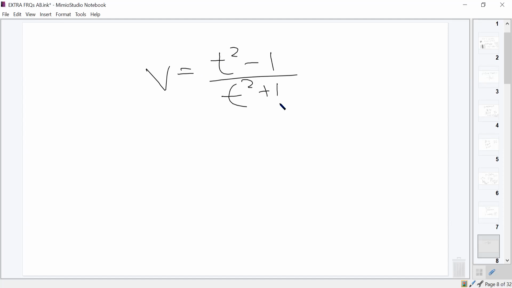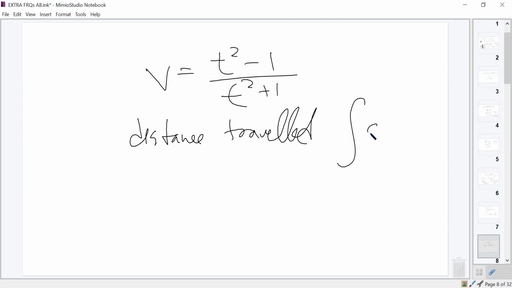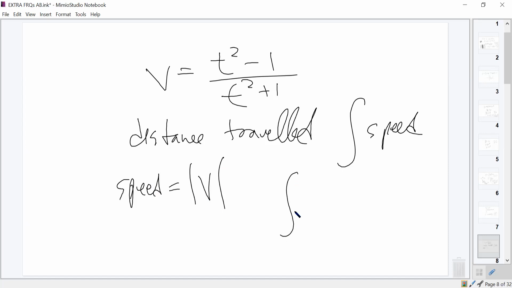So remember that total distance traveled, not displacement, is the integral of speed. Speed is the absolute value of velocity. So this should just be the integral from 0 to 2 of the absolute value of t squared minus 1 over t squared plus 1 dt.